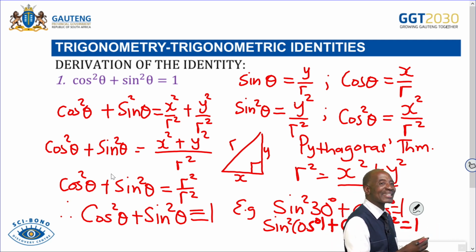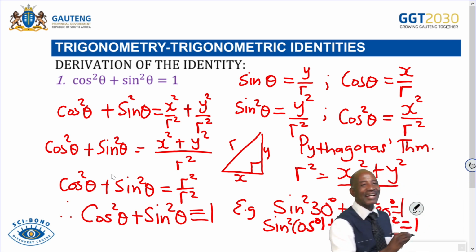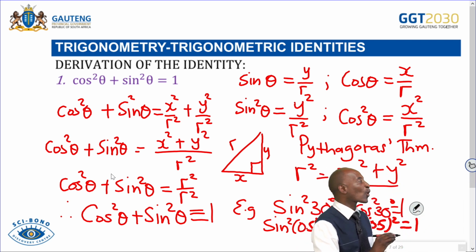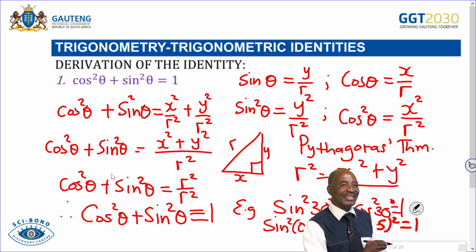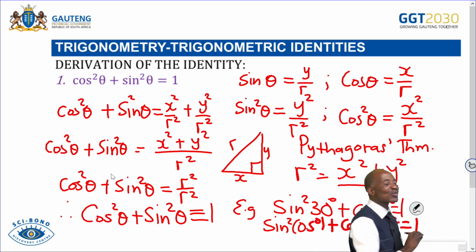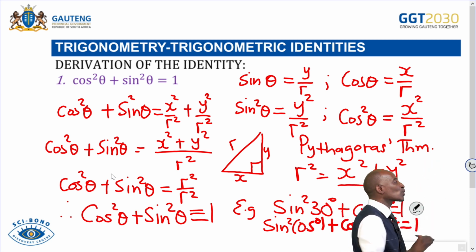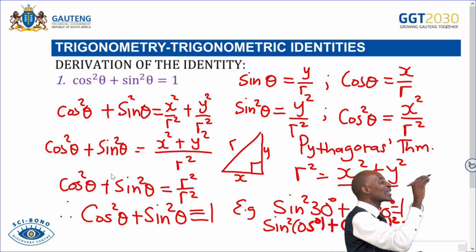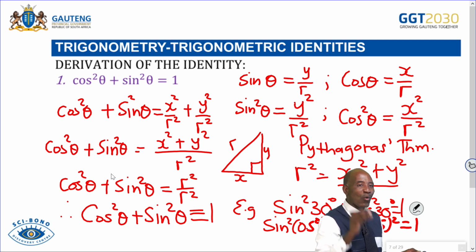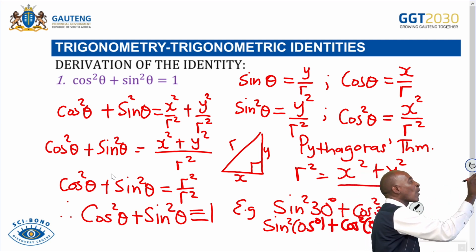In trigonometry, our 1 comes in function form, which is cos squared theta plus sine squared theta. Never mind the size of the angle. As long as that angle is maintained, the cos squared theta plus the sine squared theta will always yield a 1. So this is our 1 in trigonometry.